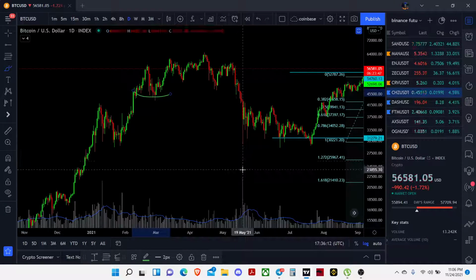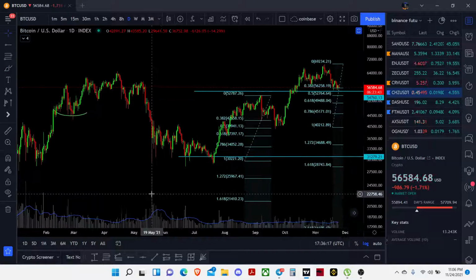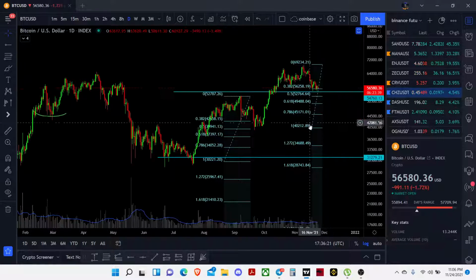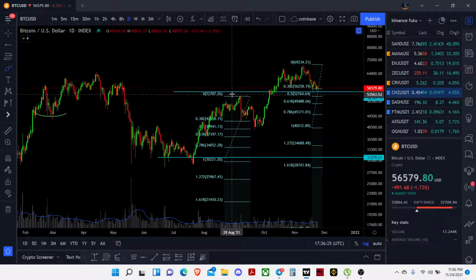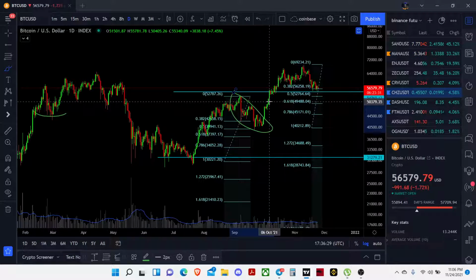By looking at the market cycle conditions, I don't think the market will get down to 52,000, because the market is stronger than what we have seen over here, and we have a lot of reasons for that.